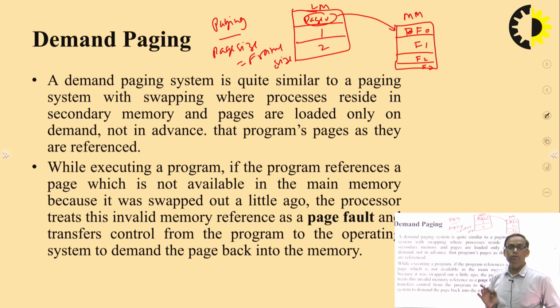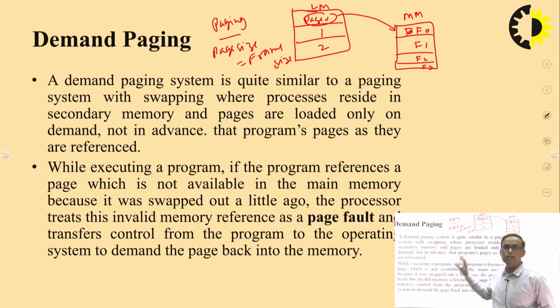So in case of demand paging, the page is loaded into main memory only when it is referred to by the CPU. Until and unless it is referred to by the CPU, we will not load it into main memory. In this way we have some extra space, and we can utilize the main memory frames in a more efficient manner, and we can execute a program whose size is larger than the available physical memory.